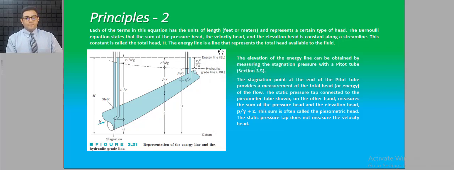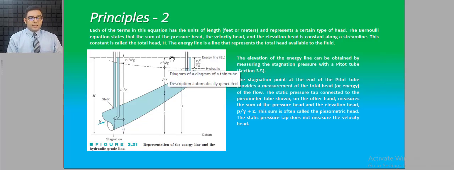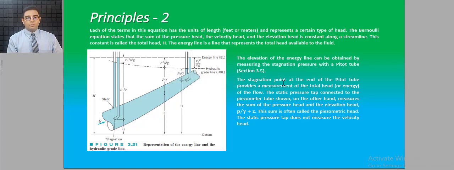As you know, every term of the Bernoulli equation here is the pressure head, velocity head, as well as the elevation head. The energy line in here is the stagnation point at the end of the pitot tube. It's the energy line. The combination of pressure head as well as elevation head is called the piezometric head.